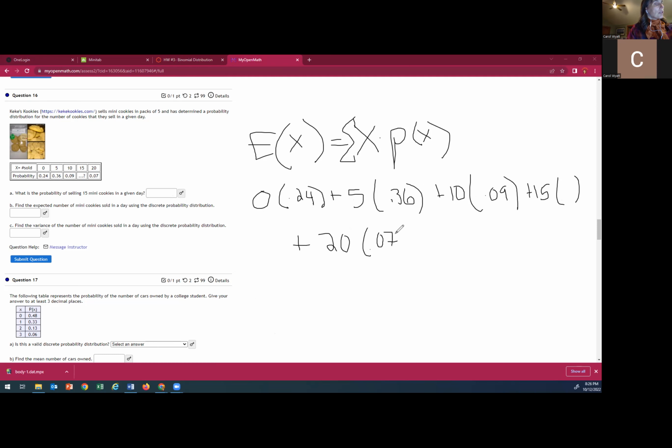This would give you your expected value, also known as your mean, which we write as mu. That's shorthand for mean. Now it wants to find the variance.